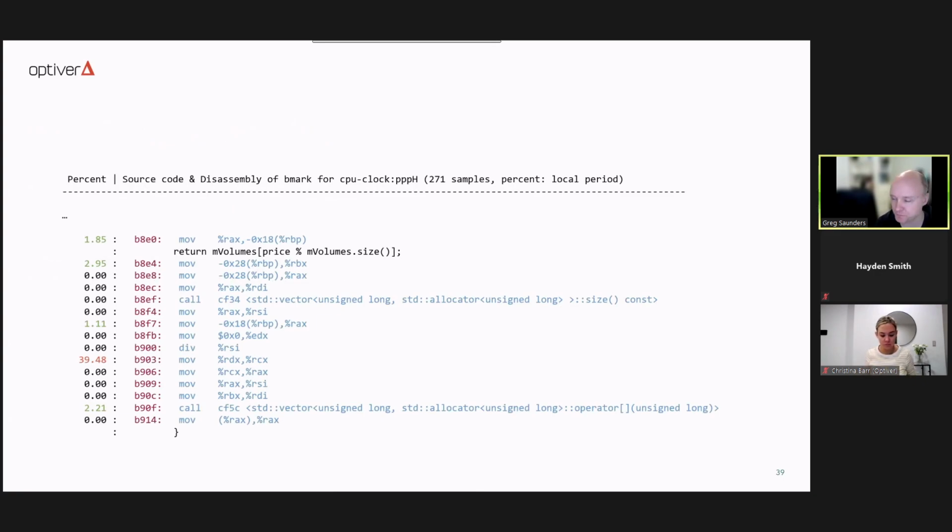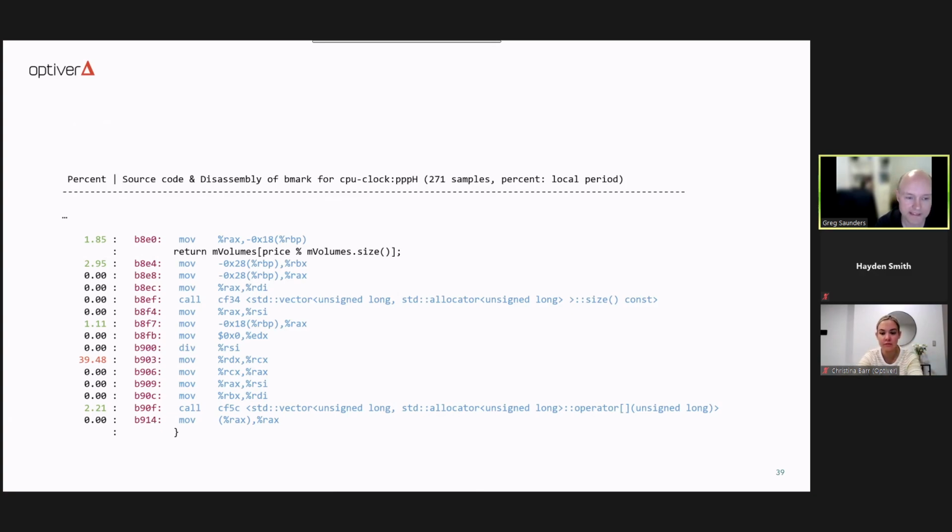Now I've excluded from the output the section of code concerning the call to strtod and the conversion of the string to the unsigned long. So we're just looking here at that second line of the getVolume method, the return mVolumes, where the index is the price mod the volume size.